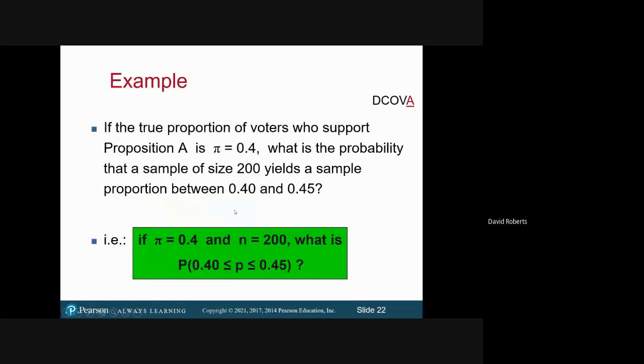So here's an example. The political parties use this all the time, or pollsters use this all the time. In this particular case, you see that the proportion is 40%, 0.4. And we want to find out the proportion that is between 0.4 and 0.45.